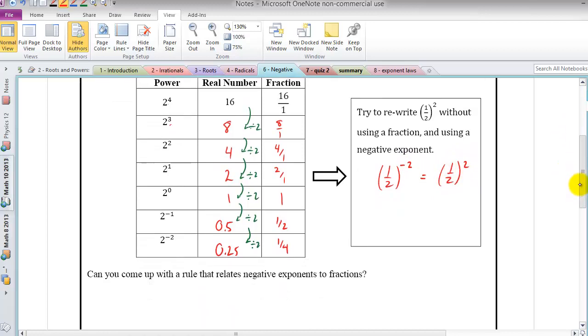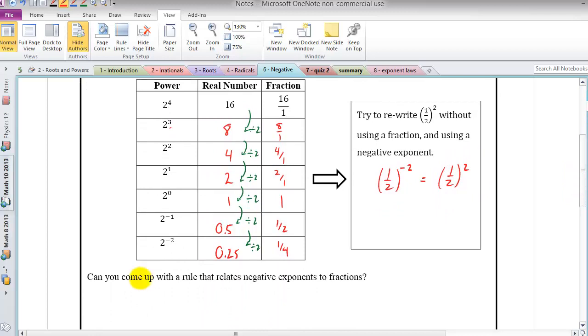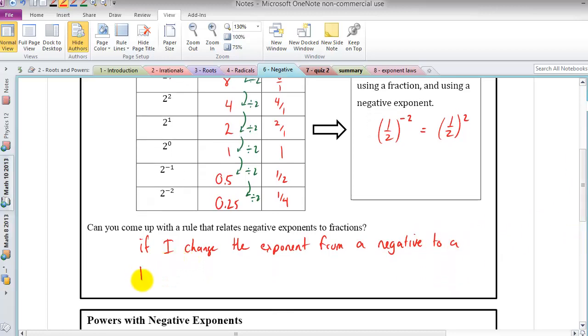And I could come up with a rule that says if I change the exponent from a negative to a positive, the base flips.